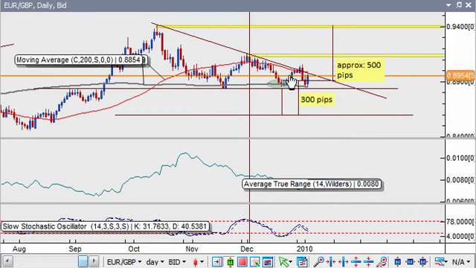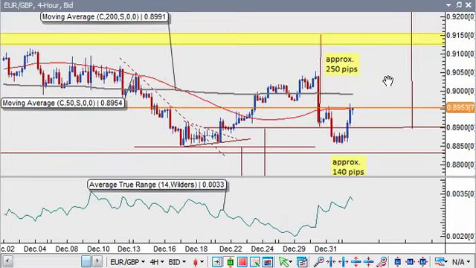Now the market has at the moment been resisted by this downtrending trend line, but the market looks to retest that today or in the next couple of days, and it may be breaking it.